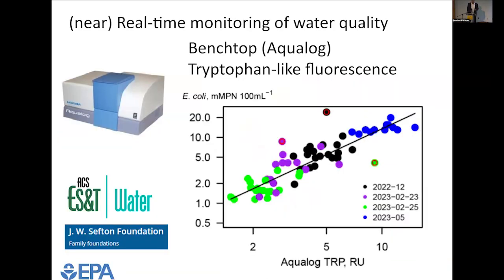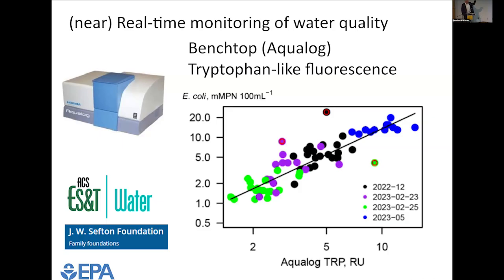So one of the things we can do is monitor wastewater, not by having to get a sample out of the river and analyze it for bacteria, but by having proxies like something called tryptophan-like fluorescence, or TRP.